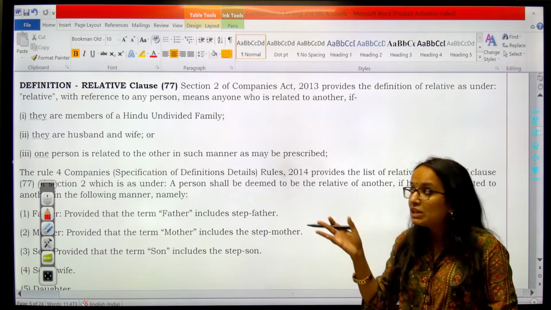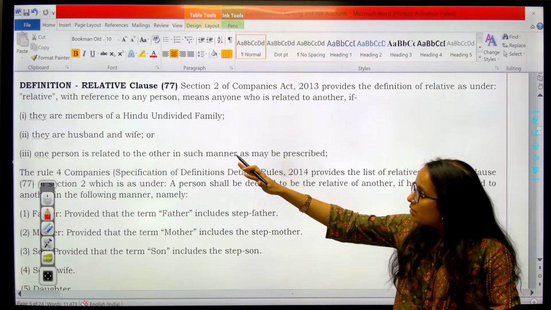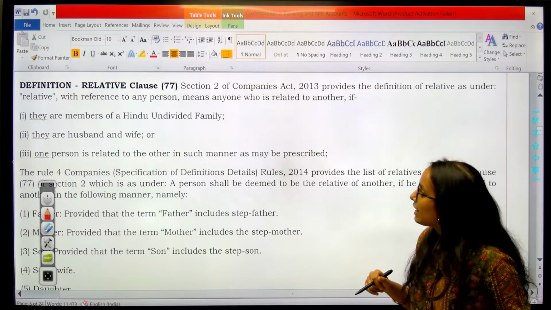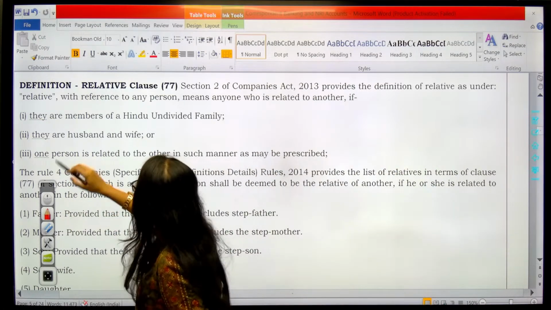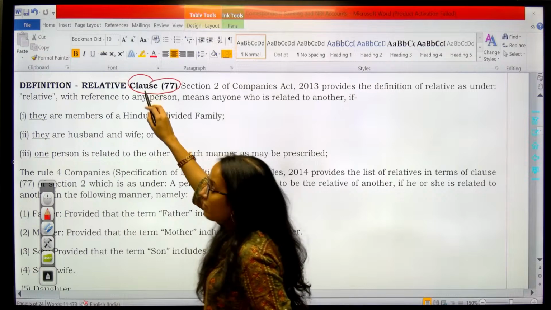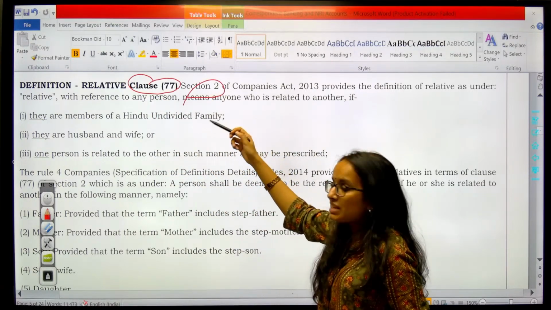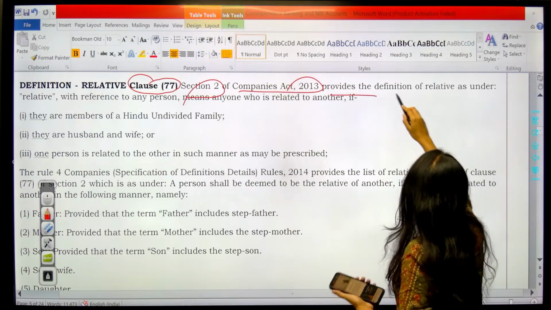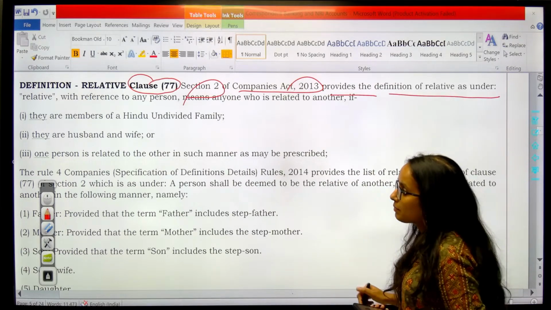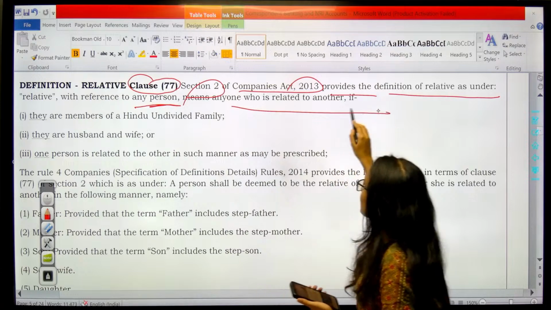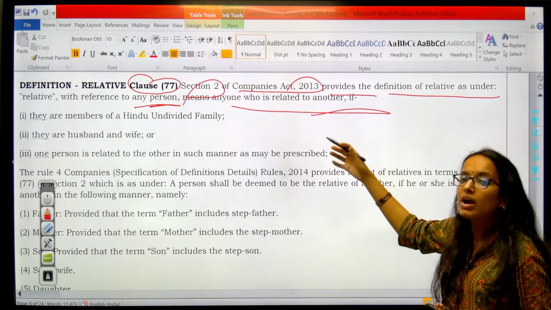So who is the relative for this matter as defined by this clause of your Companies Act? Clause 77 of Section 2 of the Companies Act 2013 provides the definition of relative as under: relative, with reference to any person, means anyone who is related to another.